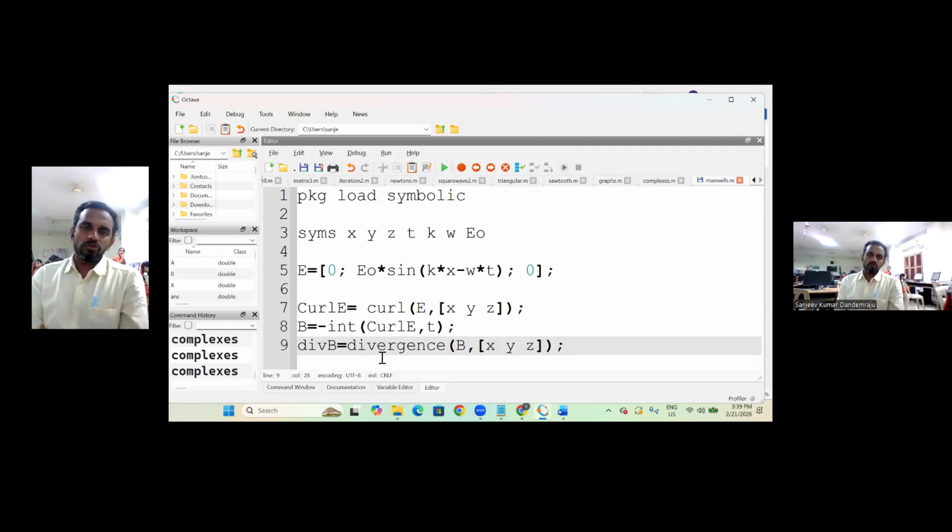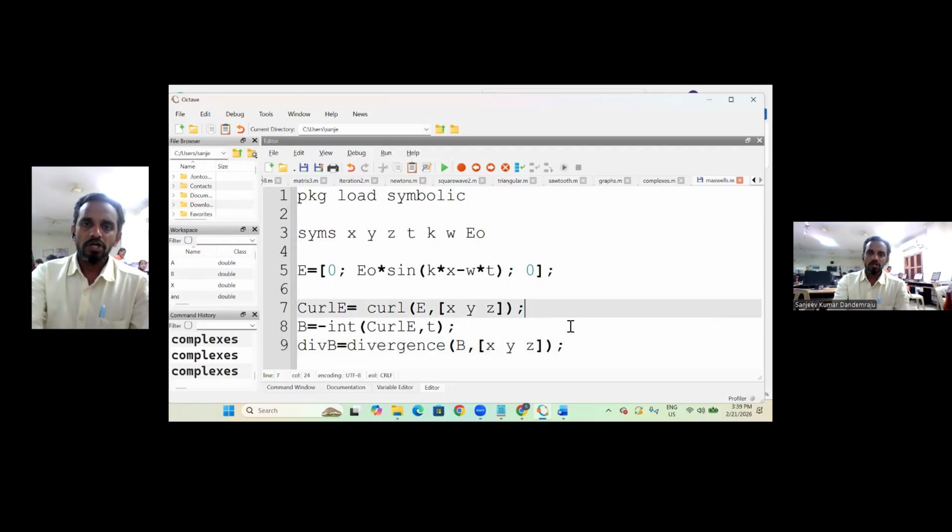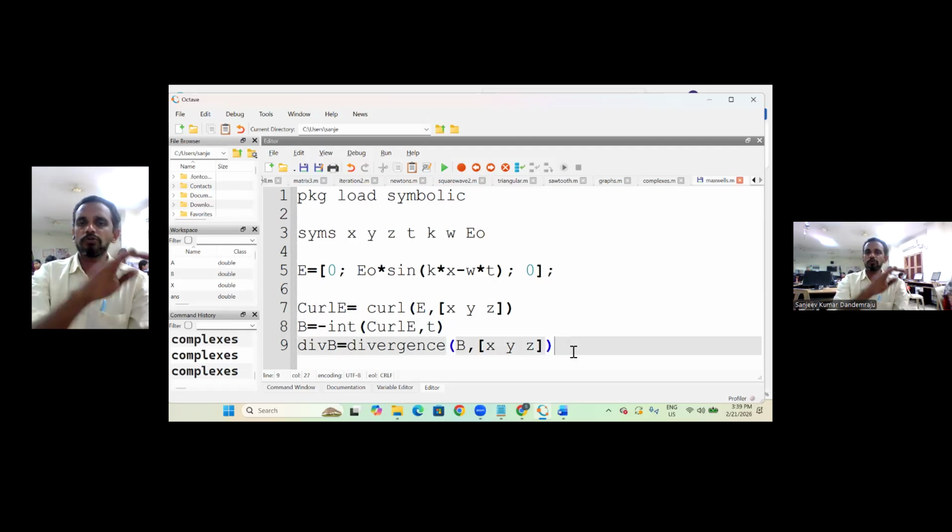Ultimately, either you remove the semicolon over here or use disp to print the results: disp curl E, disp B, disp div B. Anyway, it is fine.